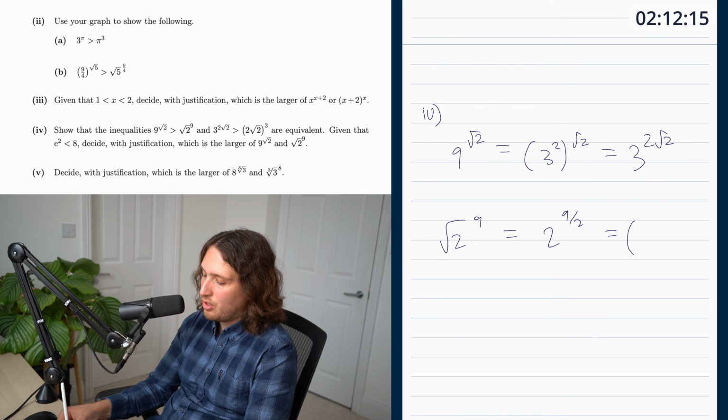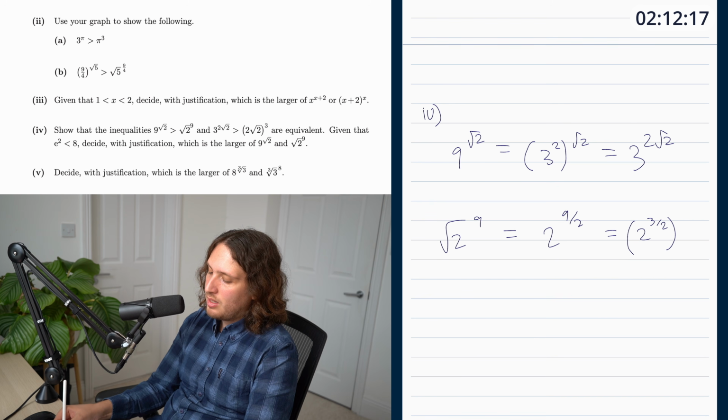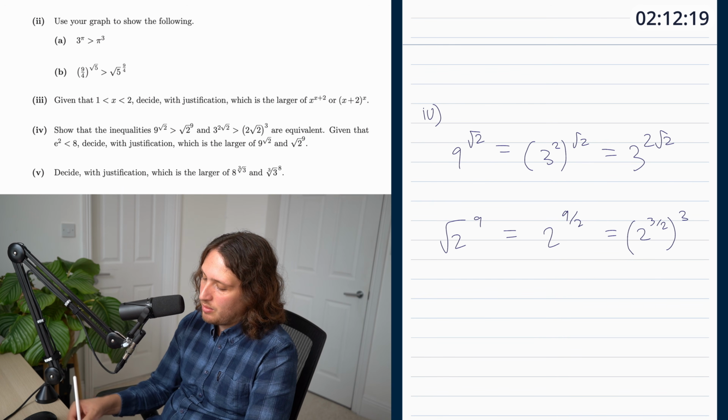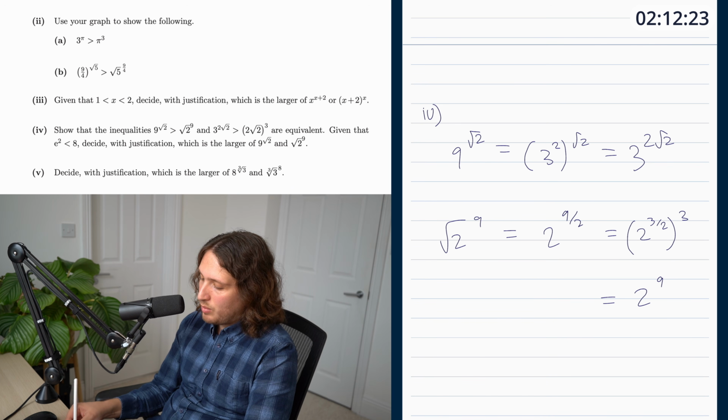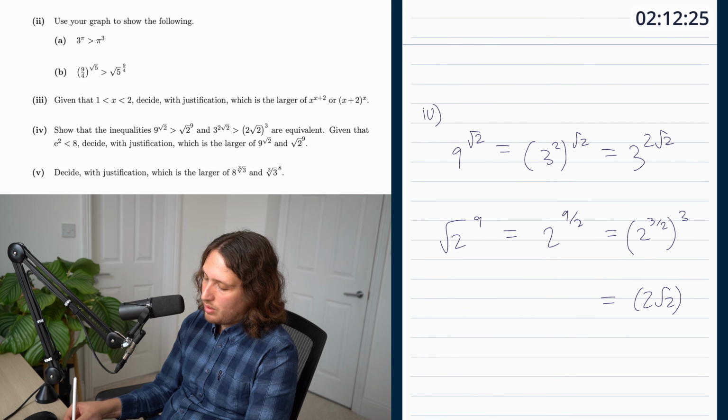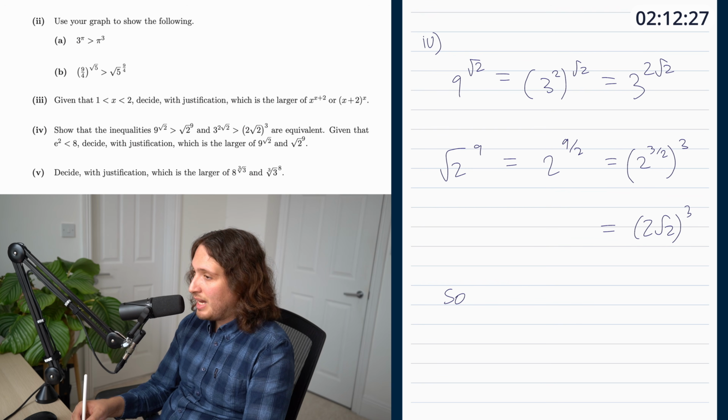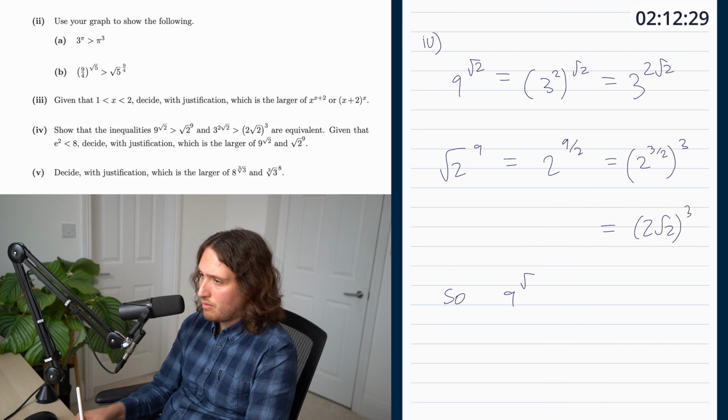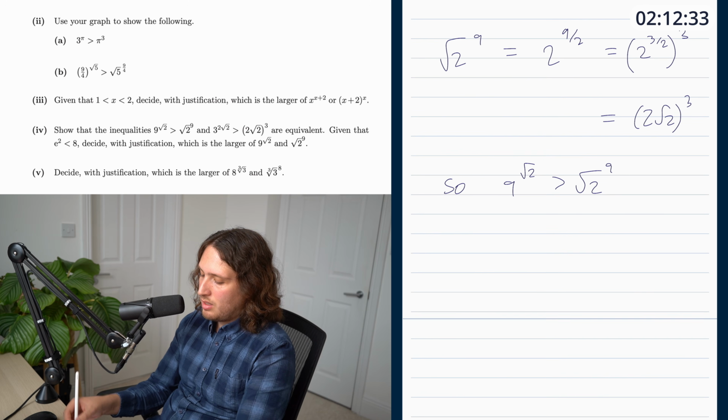And I want a 2 root 2, which is 2 to the 3 over 2, which is the case by my laws of exponents, which is 2 root 2 cubed. So that tells me that 9 to the root 2 is bigger than root 2 to the 9.